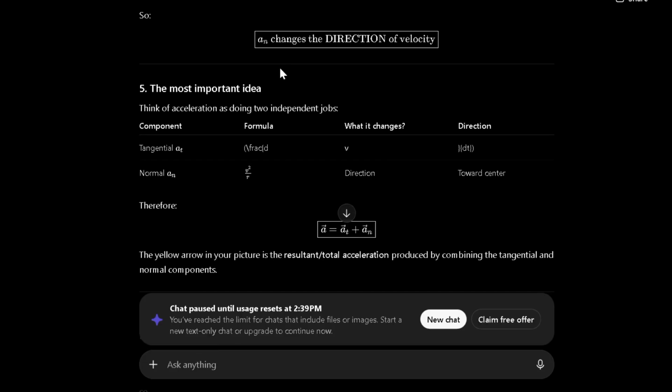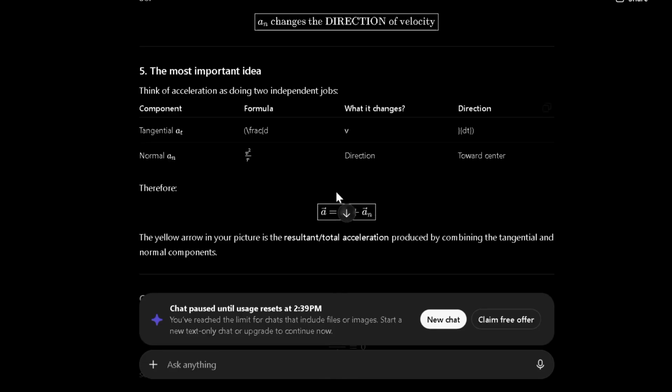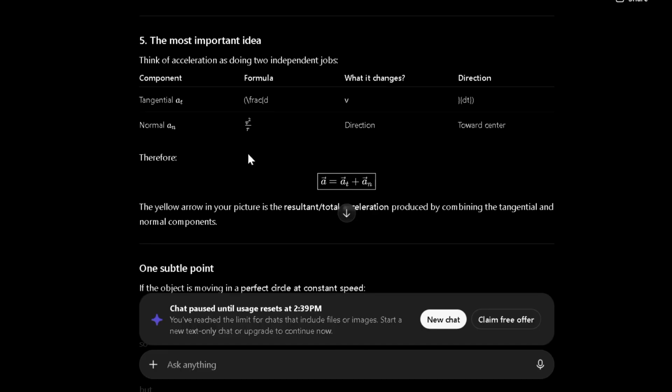The most important idea: think of acceleration as doing two different jobs. Tangential a_t, equal to dv by dt, is the forward direction. Normal acceleration is towards the center, this could be along R. Tangential is the derivative of the magnitude of velocity.